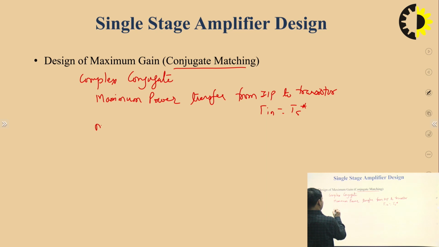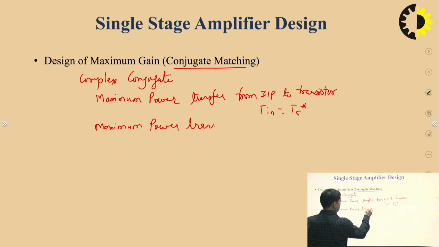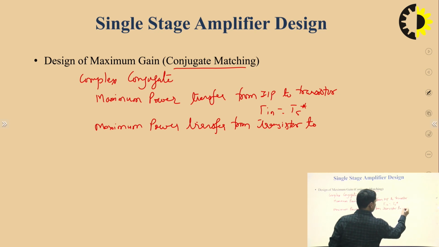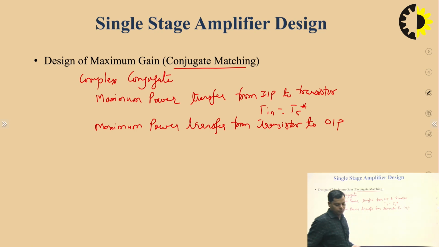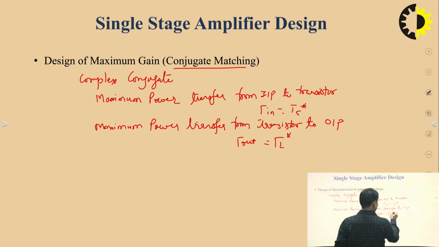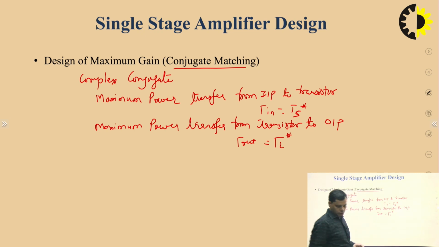Similarly, maximum power transfer from transistor to output circuit is possible when rho out is equal to rho L conjugate. In this way we can provide the maximum power.